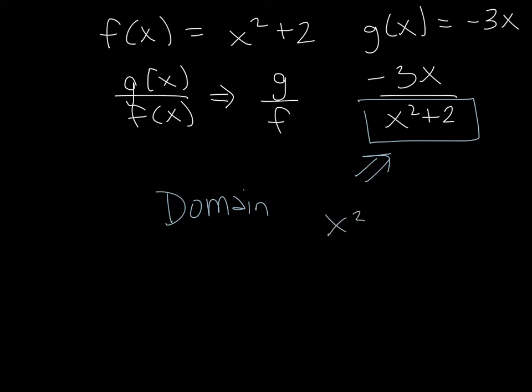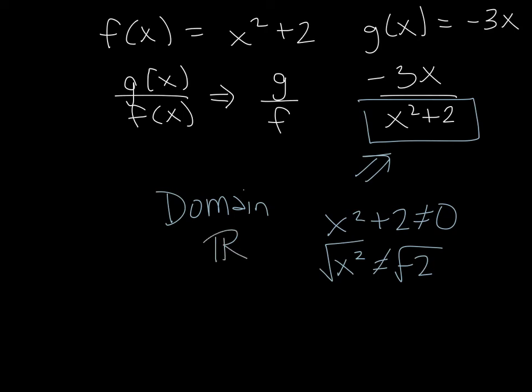I'm going to write x squared plus 2 cannot be 0. So x squared equals negative 2, which cannot happen. So all real numbers are going to work for this. You can plug in anything for x and it's going to work. So the domain is all real numbers.